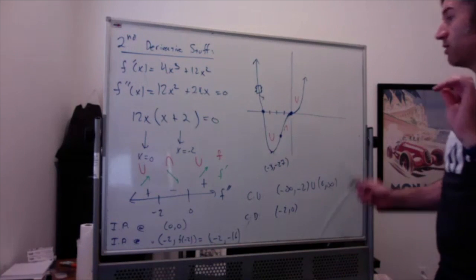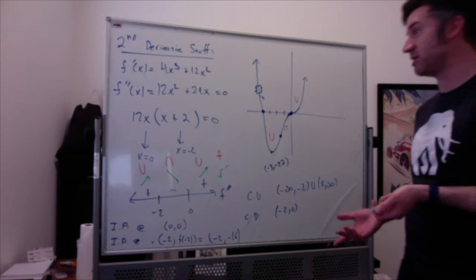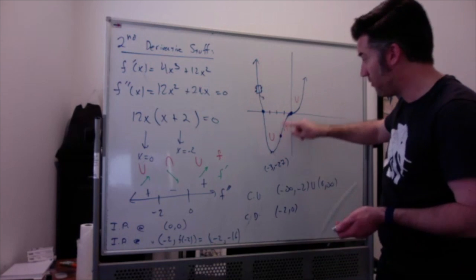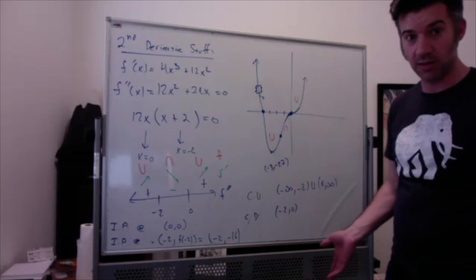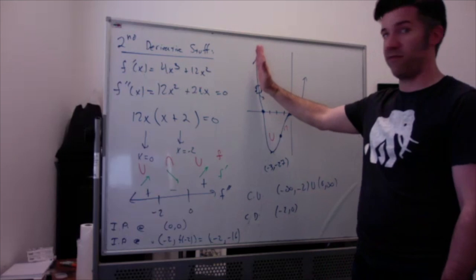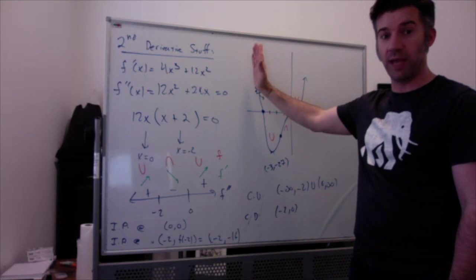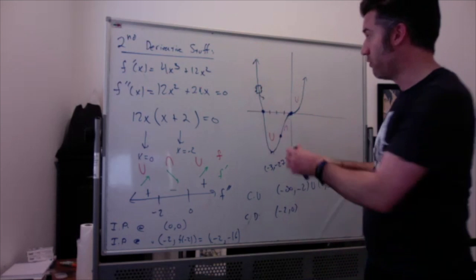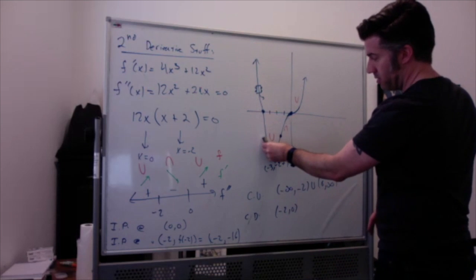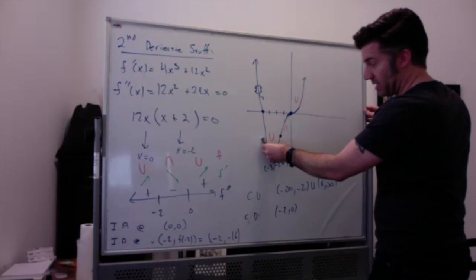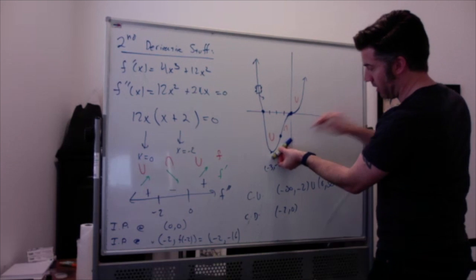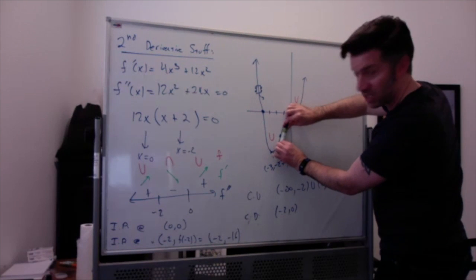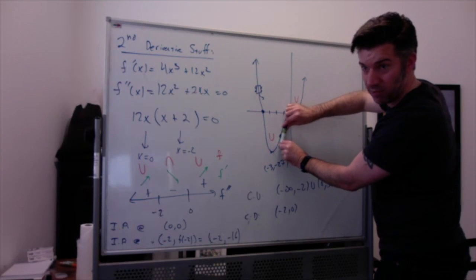The other thing I want to point out here, though, is another way to see this: when you're concave up, it's when your first derivative is increasing. If I start way over here, my first derivative is super duper negative, right? Slope of the tangent line, super negative. And then as I move this way, my first derivative is less negative, 0, slightly positive, more positive, as positive as possible at the inflection point.